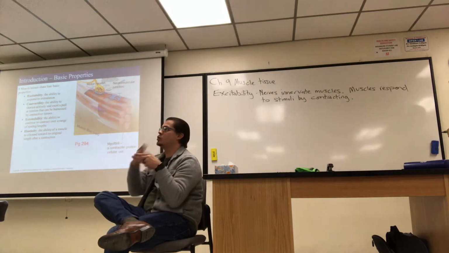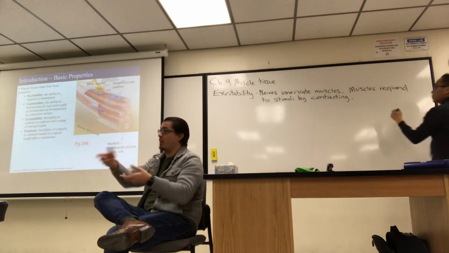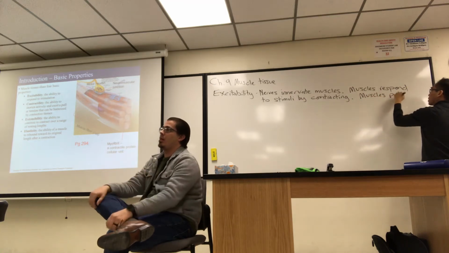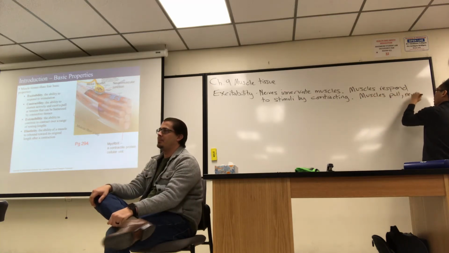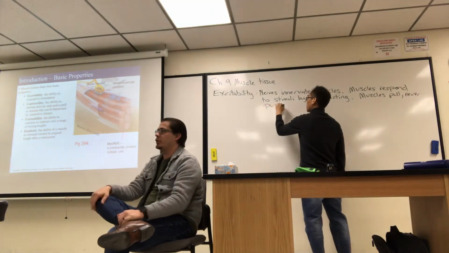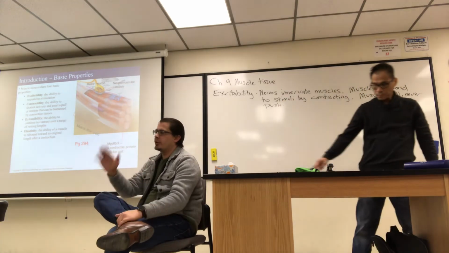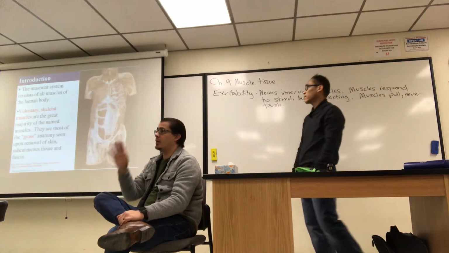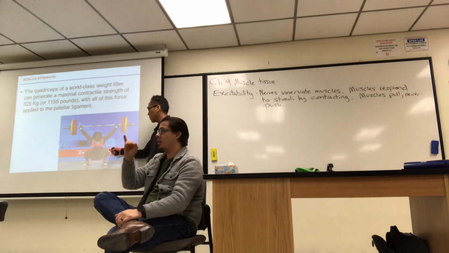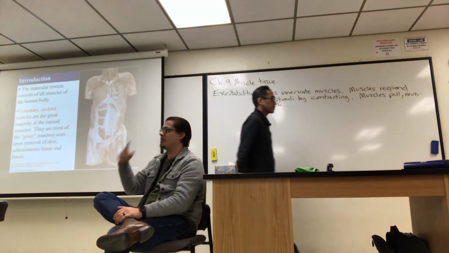So muscles pull, they never push. When you contract, you shorten. So in the previous picture of the weightlifter, the patellar ligament is pulling on the knee joint to extend the knee, in an effort to lift that weight.